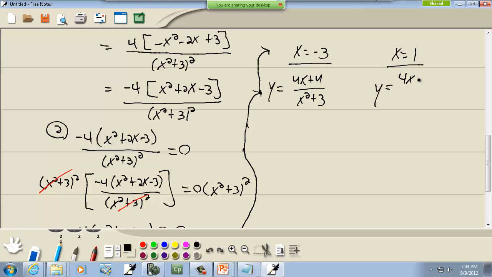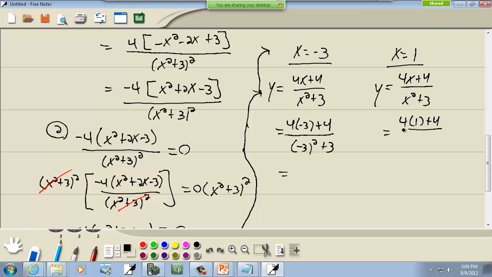So we'll plug in negative 3 here: 4 times negative 3 plus 4 over negative 3 squared plus 3. And here we got 4 times 1 plus 4 over 1 squared plus 3.